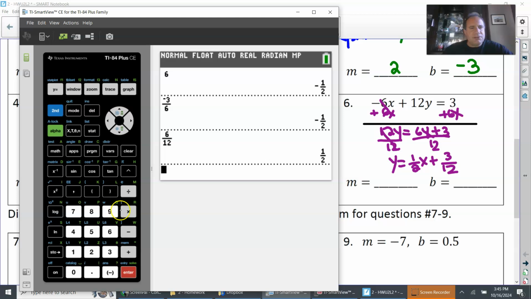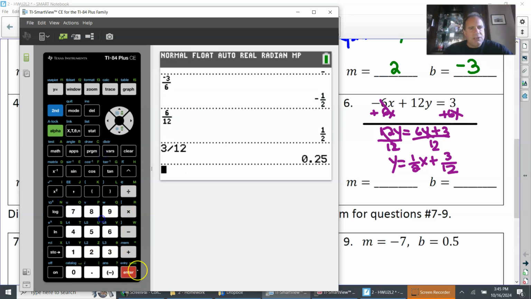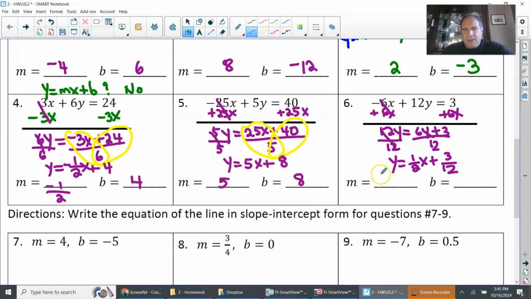For the y-intercept, you could really just do 3 divided by 12 and convert that fraction to a decimal. It's 0.25. So the slope would be a half. And this would be either 3 over 12 or 0.25. Either one. I like to have the y-intercept in a decimal form because it's a little bit easier to read. And I know now that I understand that it crosses.